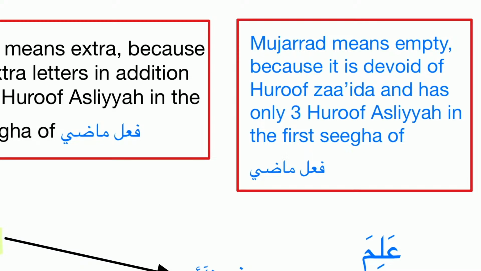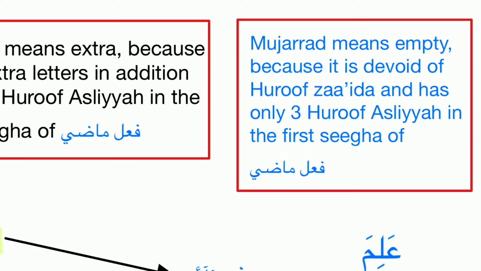Where? In dhahaba, in the first sigha of fi'l madhi, only 3. Okay, why? Because if you go further down to 2 men, many men, 1 woman, 2, then attachments will come and then you will be confused. So if you really want to know what are huruf asliya, out of the 14, you only focus on what? Number 1. All this explanation was to explain to you that the definition is bound to the first sigha of the madhi. Because the first sigha of the madhi has no attachment whatsoever.